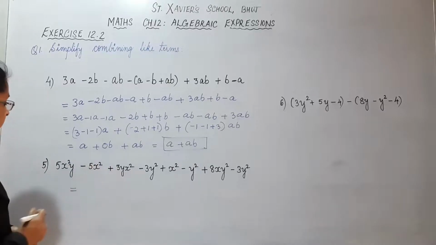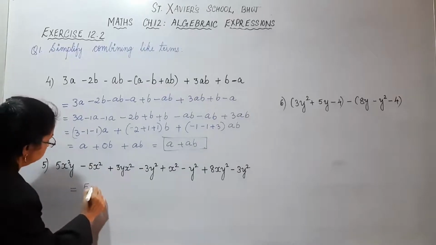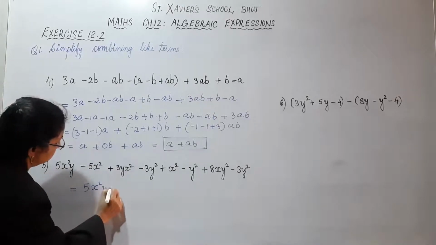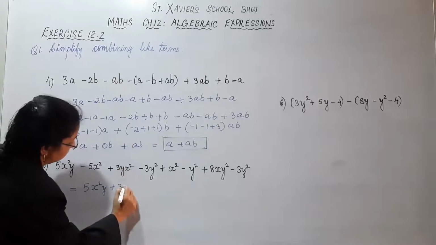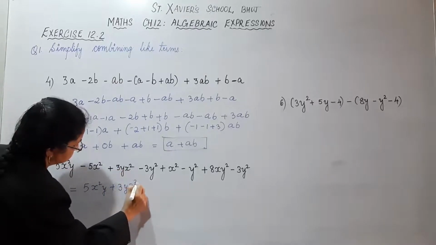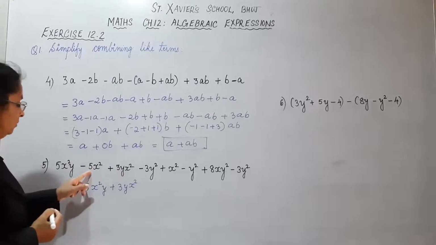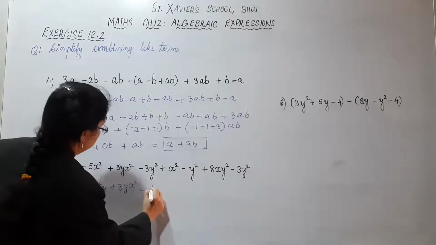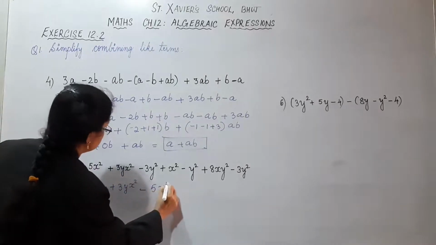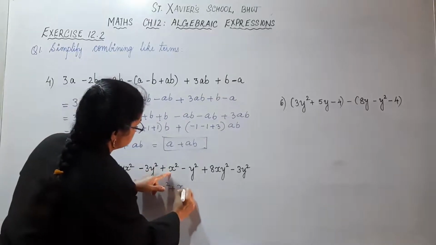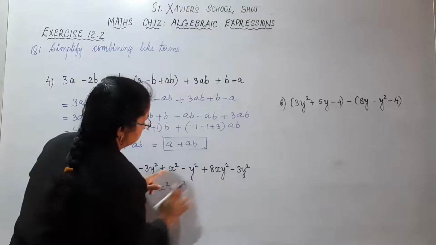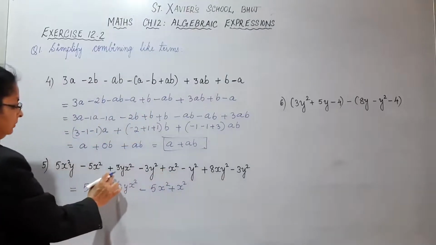Then let's write 5x square y plus 3x square y. We can write in any order. These two are like terms. Now minus 5x square plus x square. There is no other like term.